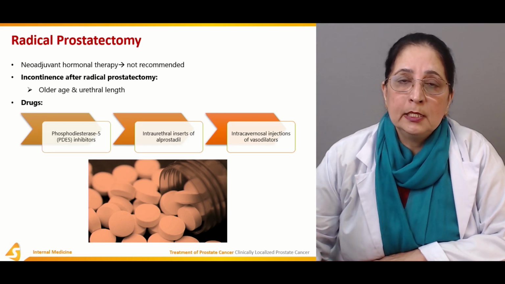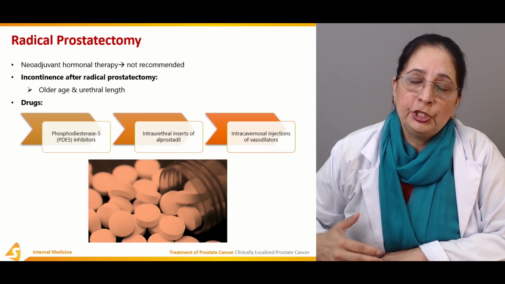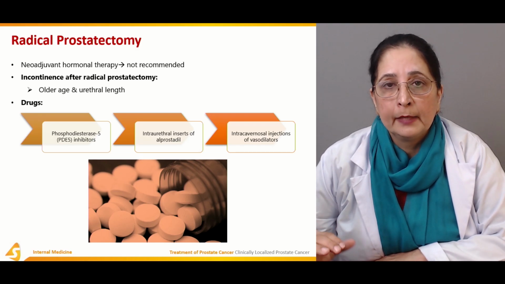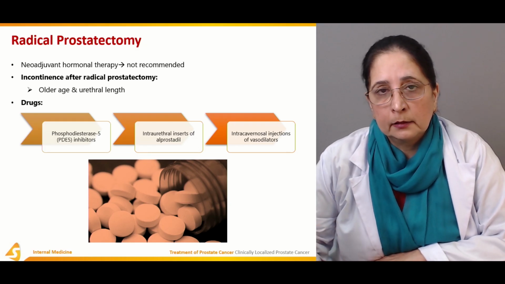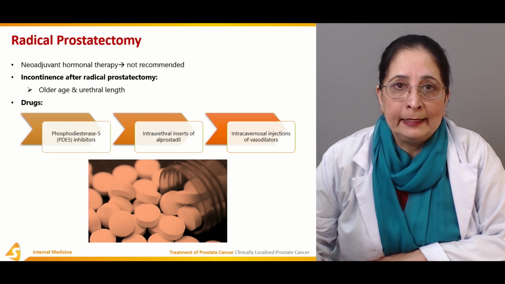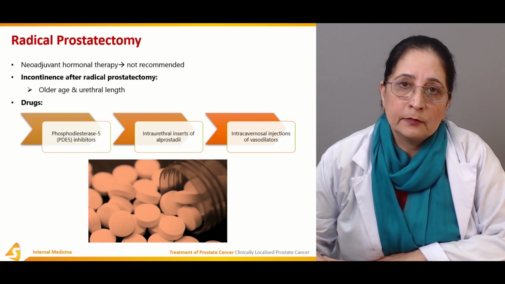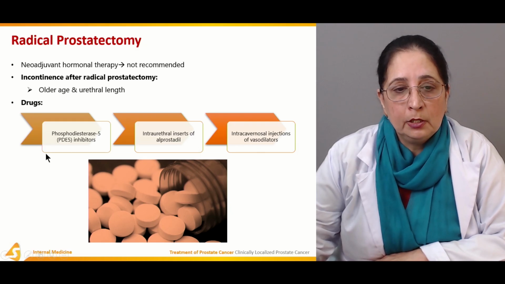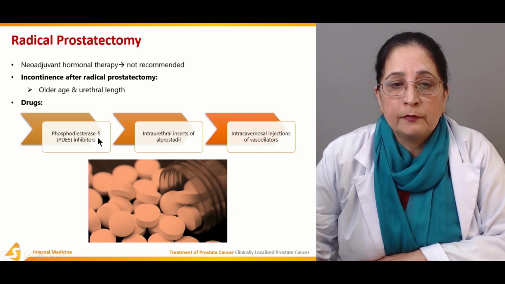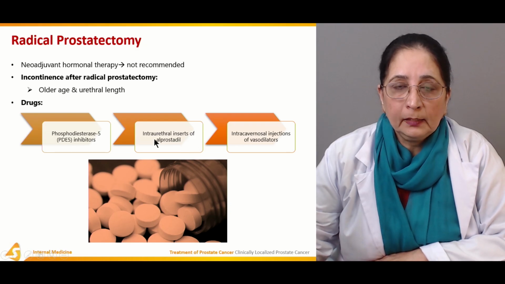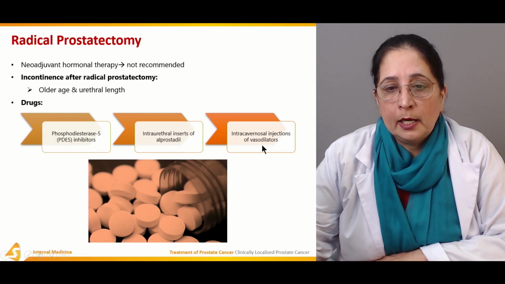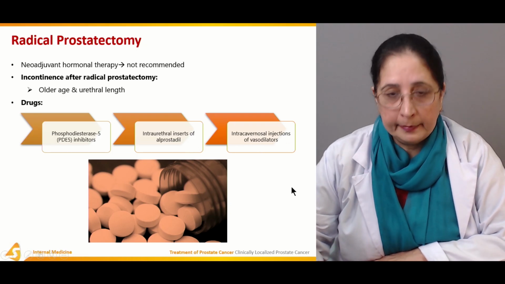Whether the incontinence will be bad depends on the patient's age and the length of the urethra. And then some drugs like phosphodiesterase 5 inhibitors and intraurethral inserts of alprostadil can be used.